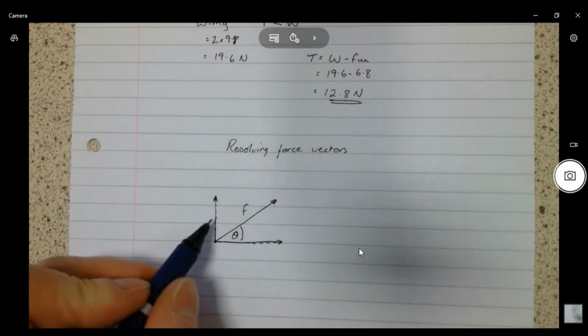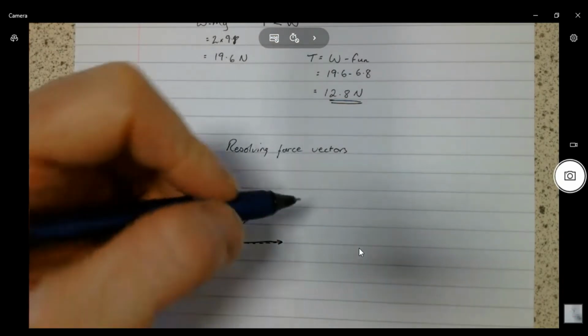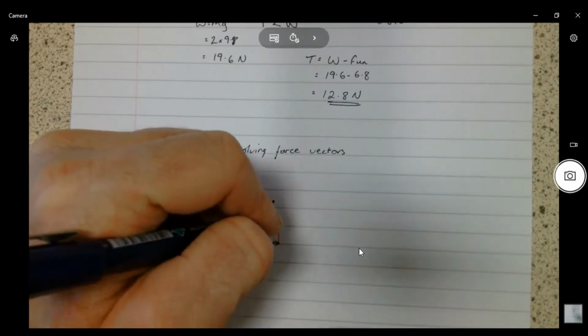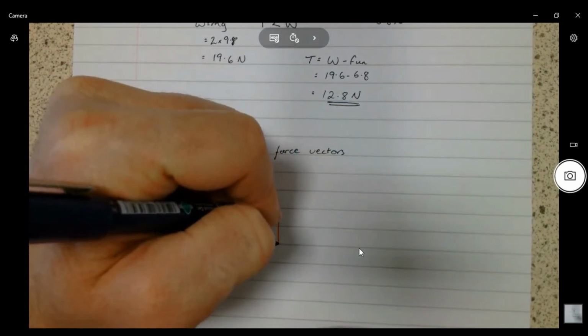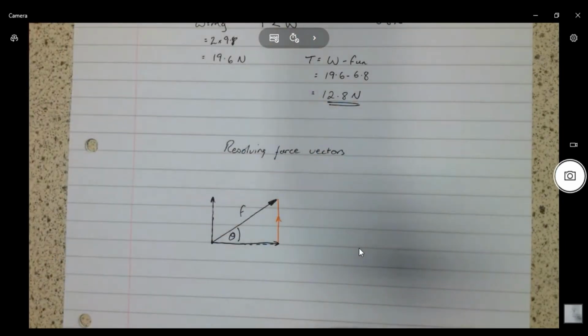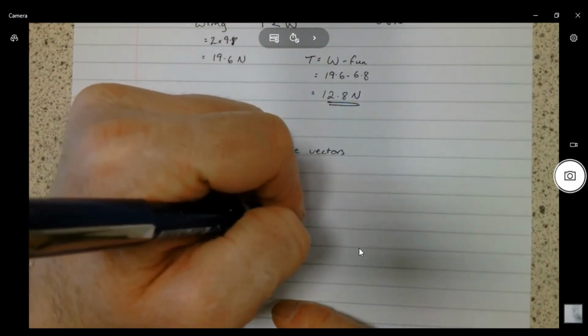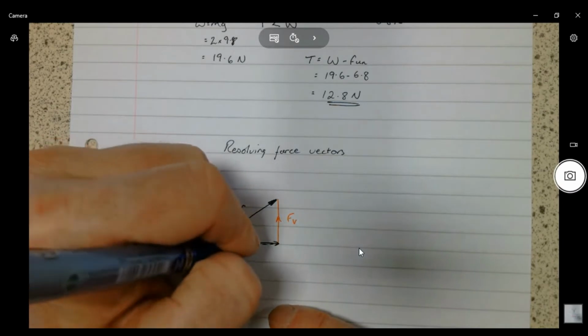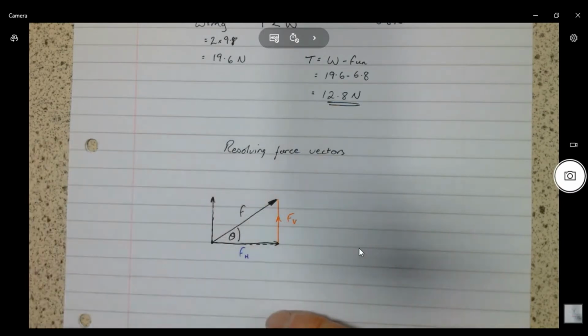As with any vector addition, we can take this vertical component and transpose it over to here. And so we'll call this force vertical, and we have force horizontal.